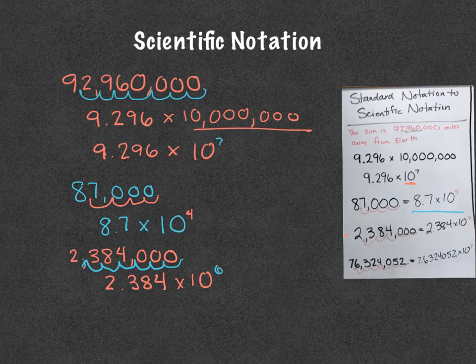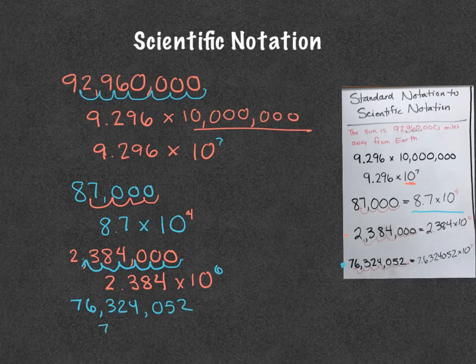All right, last one. Now it's not always short and sweet like these, 8.7 or 8 7/10. Sometimes, like this one, it's really long, and that's perfectly fine. Sometimes you don't eliminate any numbers, and it gets really long, a very long decimal. Oop, hang on. 76,324,052.